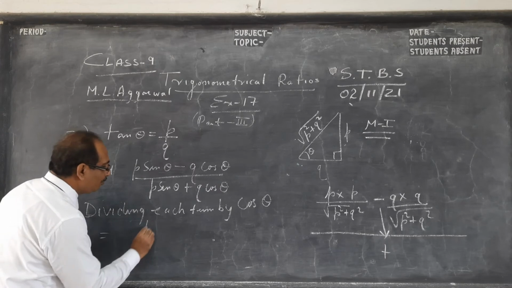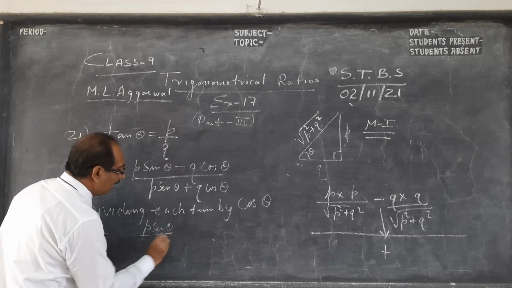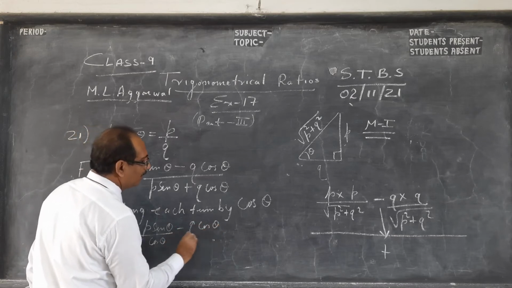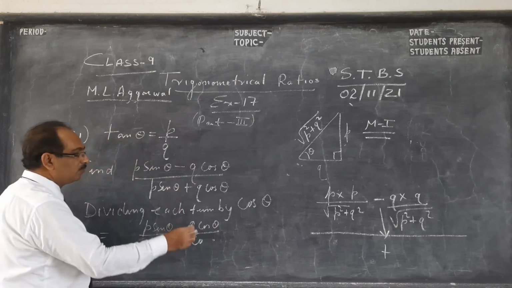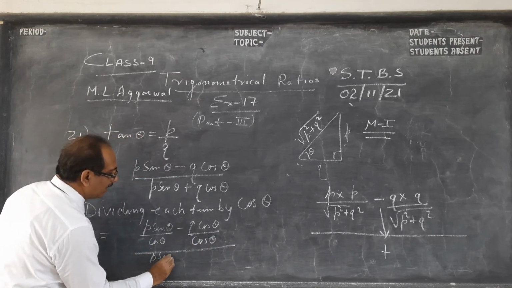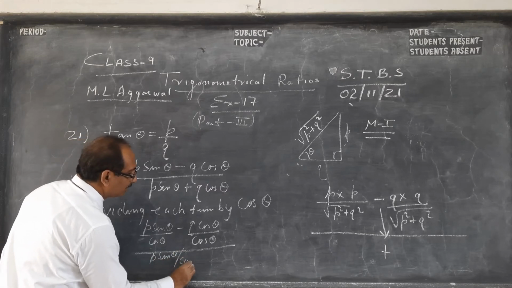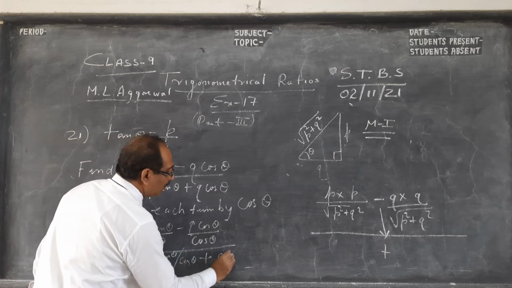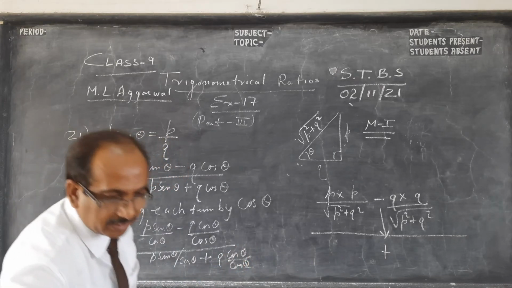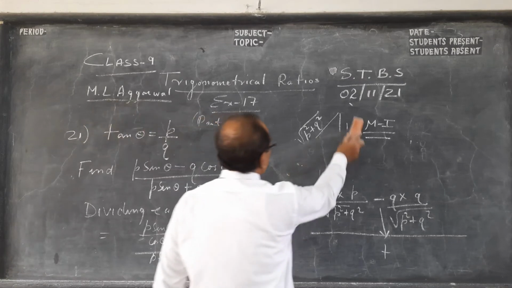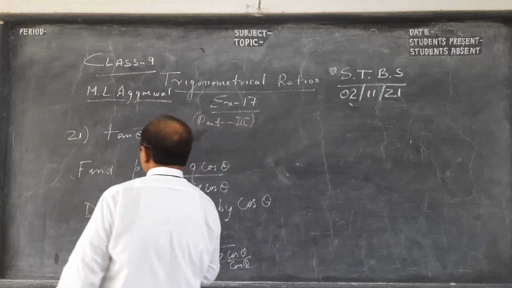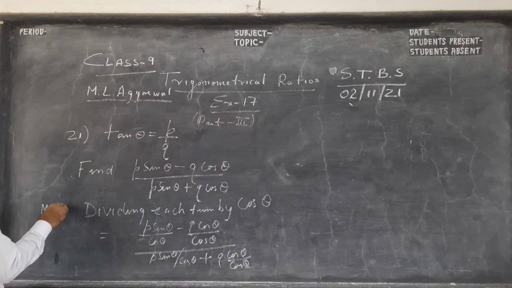P sin theta I divide by cos theta, minus Q cos theta I divide, actually the full thing I divide. I am going to the second step. Then P sin theta by cos theta plus Q cos theta by cos theta. Now see what happens to this question, children. This is my method 2, which is a very shortcut method.